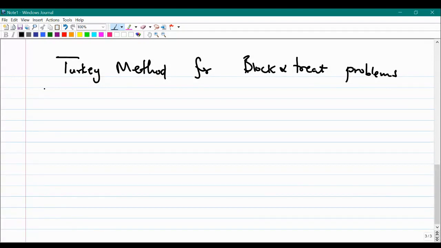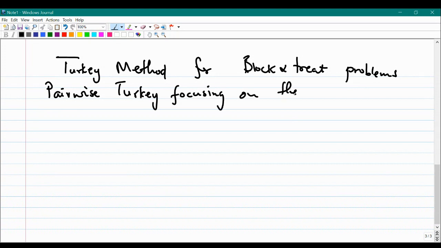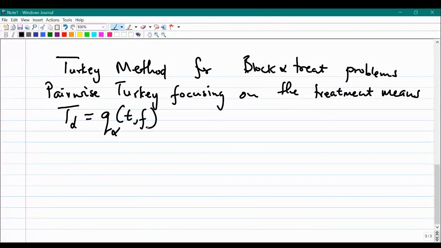the Tukey, remember, pairwise, focusing on the treatment means, the formula will be T alpha equals Q alpha, TF, multiplied by the square root of MSE divided by what, guys?